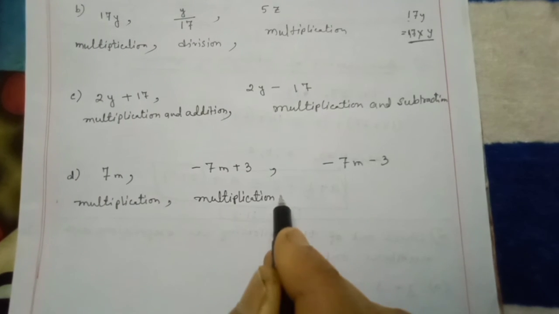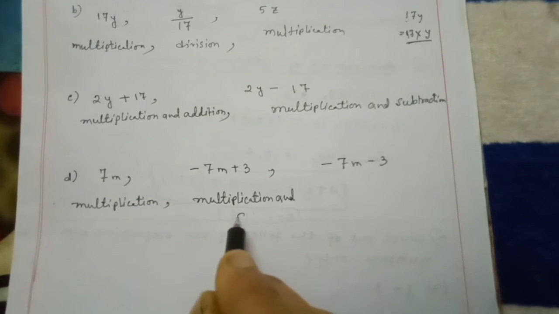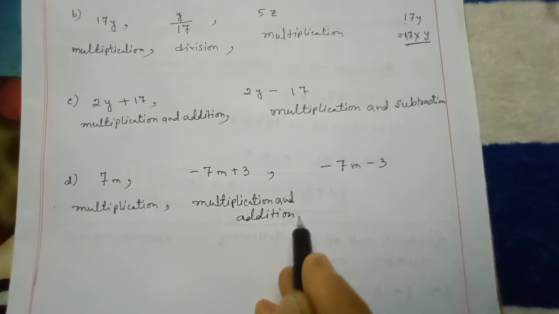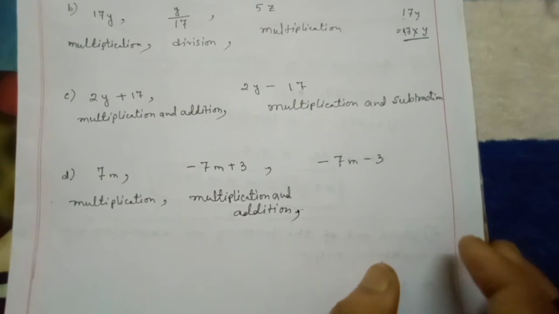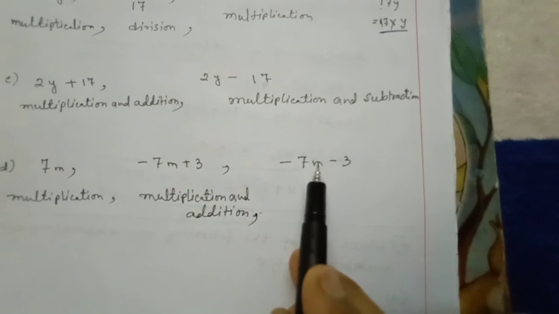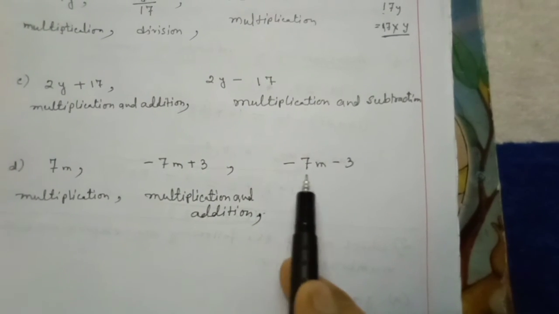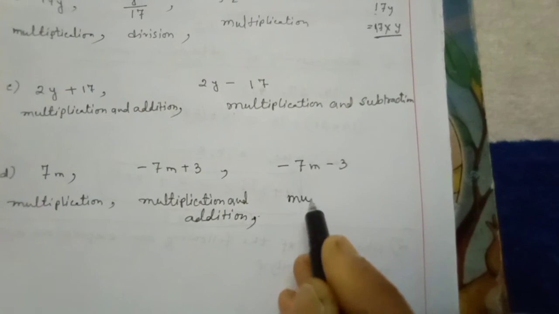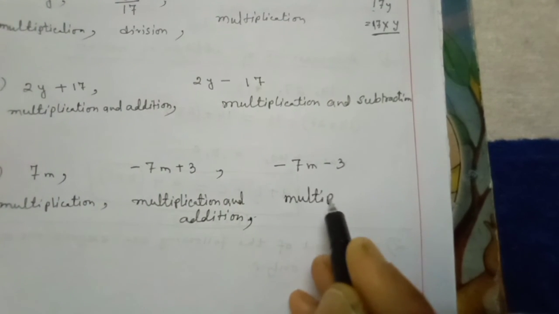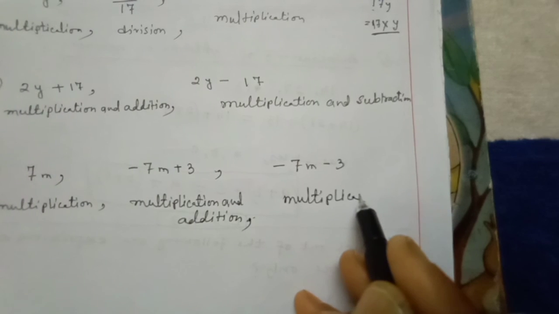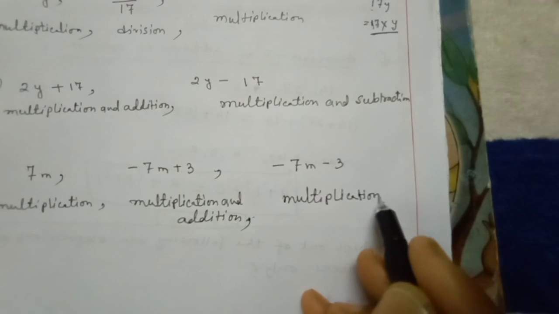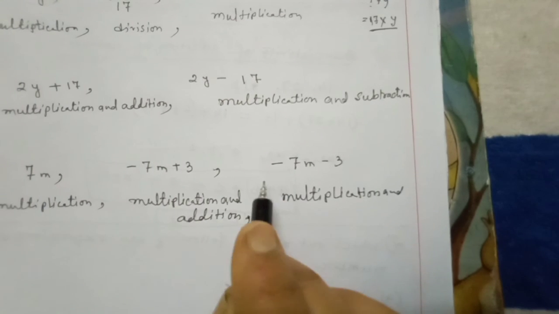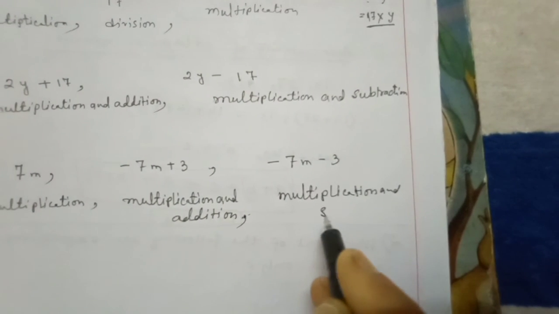So multiplication and addition. Next one, same condition. M is multiplied with minus 7, so it is multiplication only, and after that minus 3, so multiplication and subtraction.